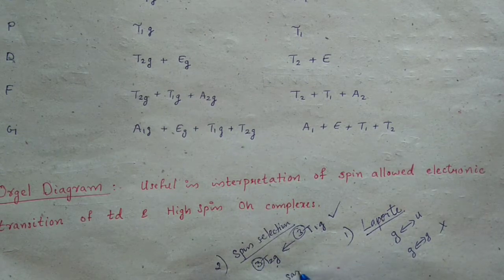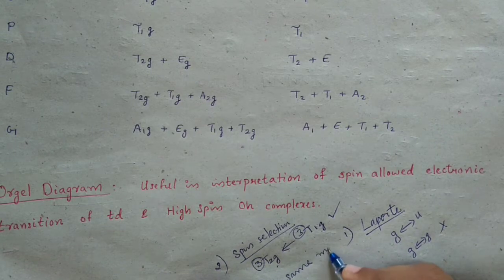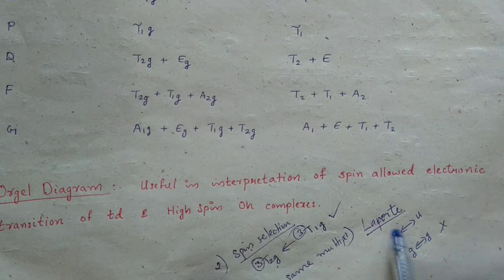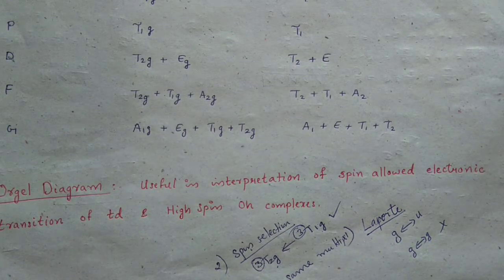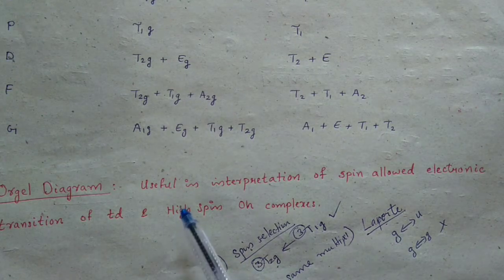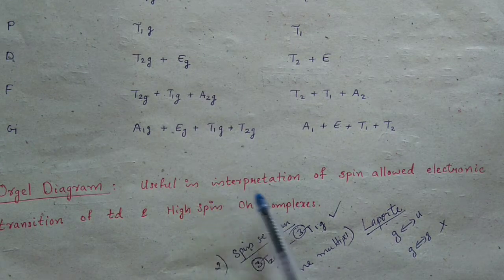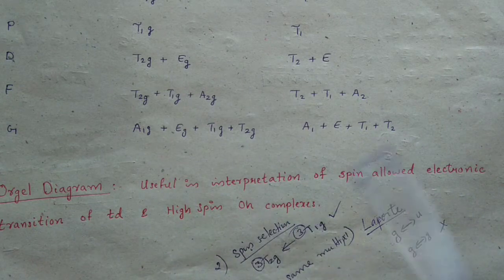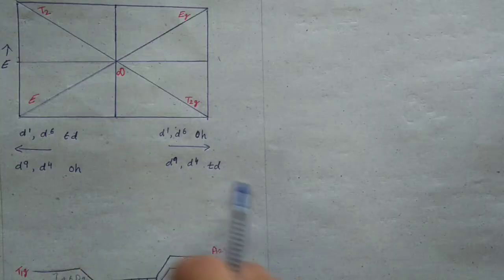So same multiplicity is allowed in the spin selection rule. These are the two rules for allowed transition. The Laporte rule means opposite parity is allowed and the spin selection rule means same multiplicity is allowed. So the Orgel diagram can be used for interpretation of spin allowed electronic transitions of tetrahedral and high spin octahedral complexes.